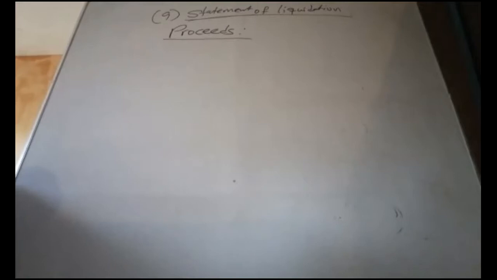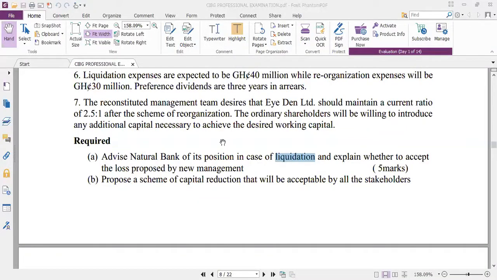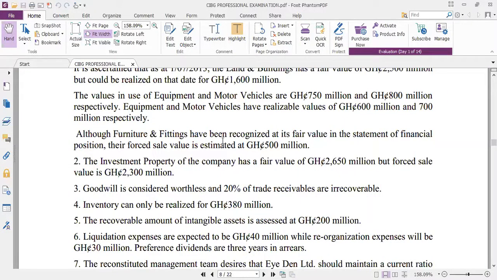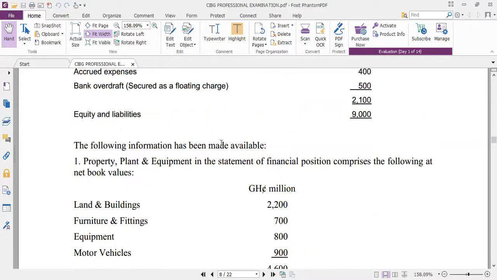So right here, proceeds. You do it like this: all the assets on the company's balance sheet, just the name without any figure. So let's go to the financial position. You're going to pick just the name of the assets.